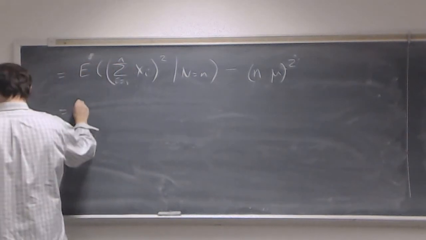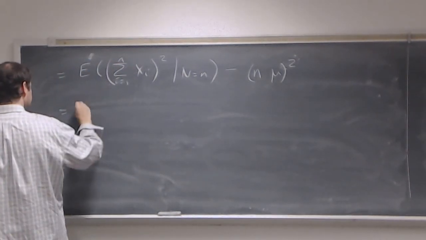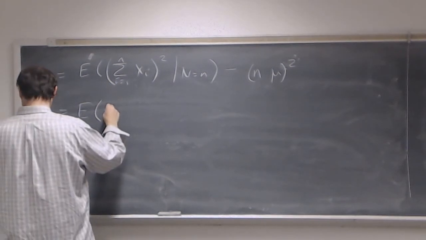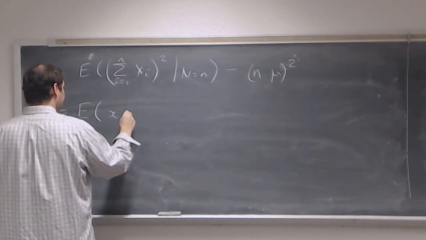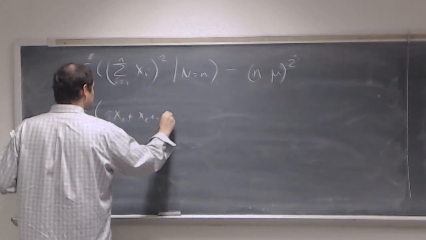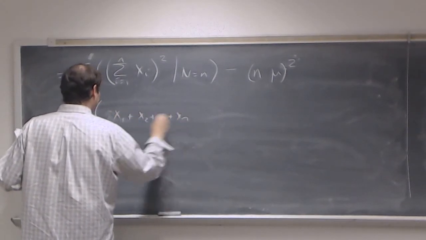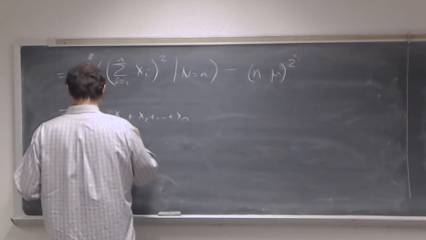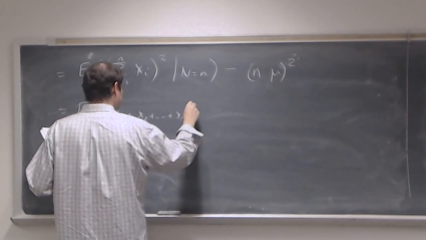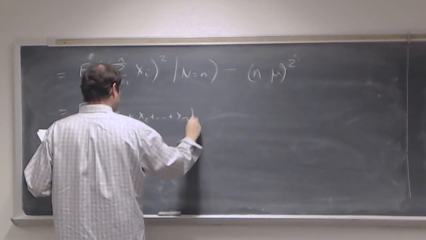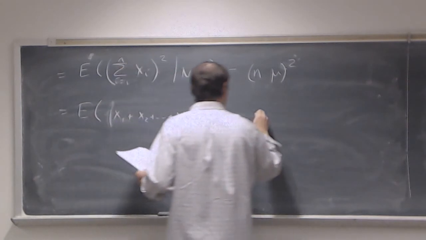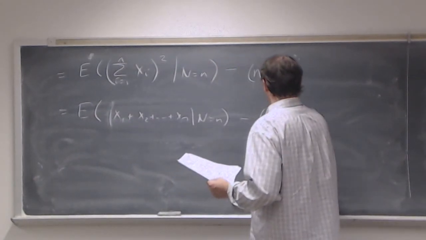And that's going to be equal to, so let's write this out. The conditional expectation of x1 plus x2 plus x of little n, given big N equals little n, minus n times mu b squared.